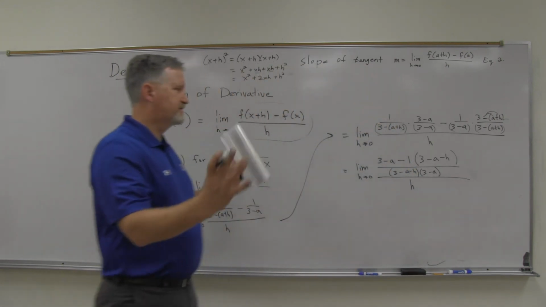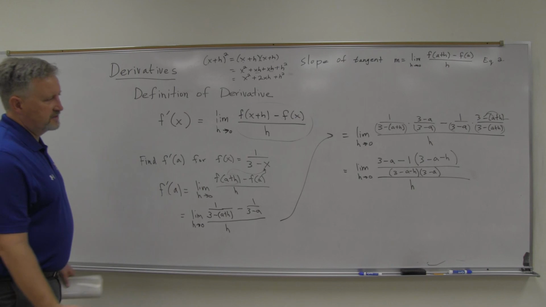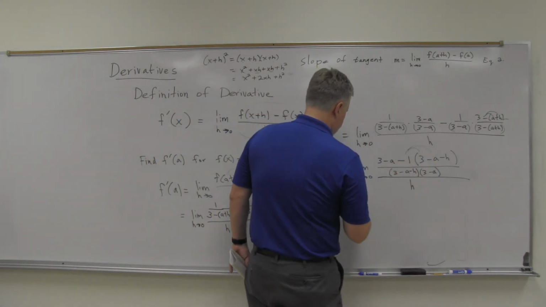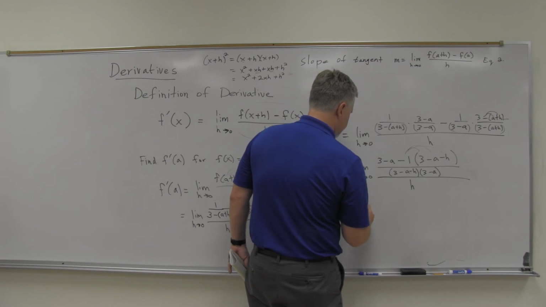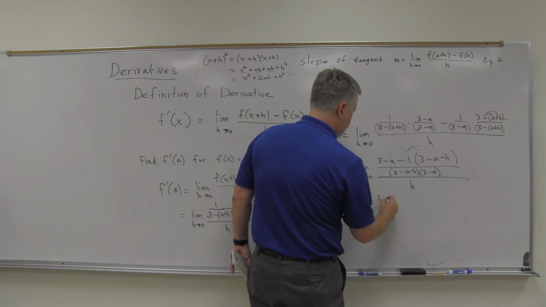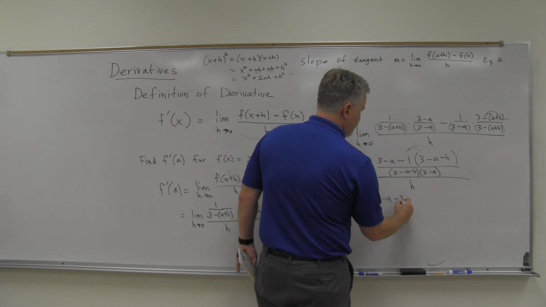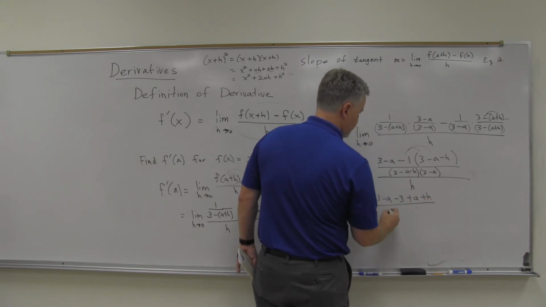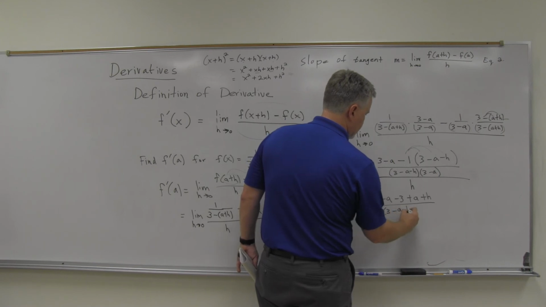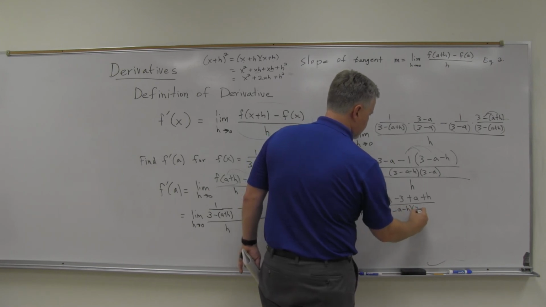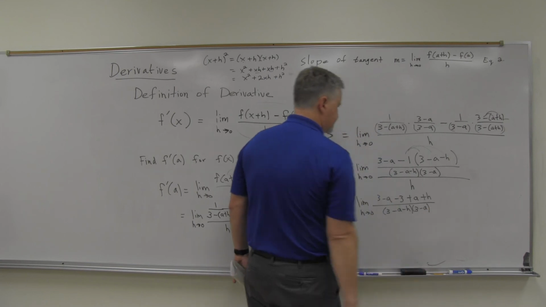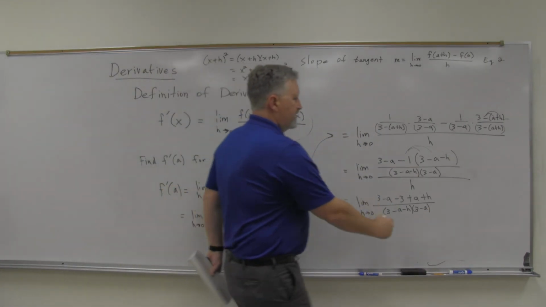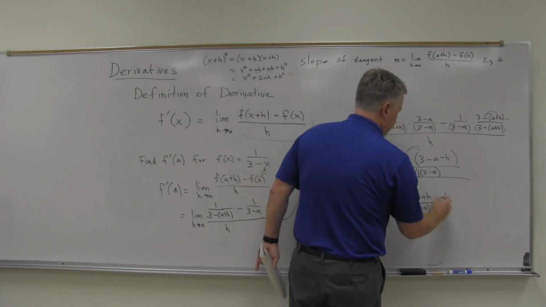Okay, so we combine the tops, simplify it just a little bit, distribute that. So it'll be 3 minus a, minus 3 plus a plus h, over 3 minus a minus h times 3 minus a. And at some point, I'm going to go ahead and do it here. This is divide by h, so it's times 1 over h, the reciprocal.